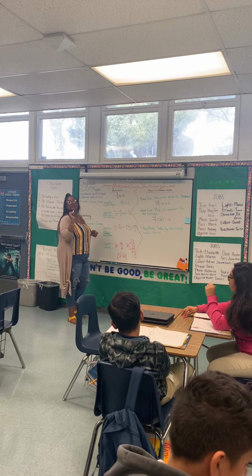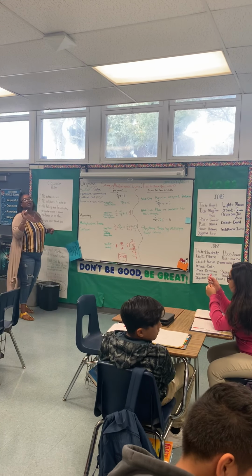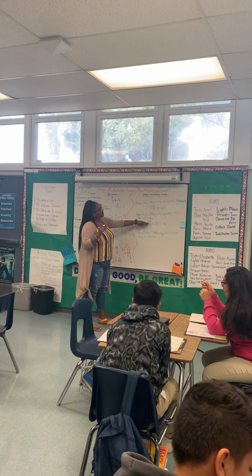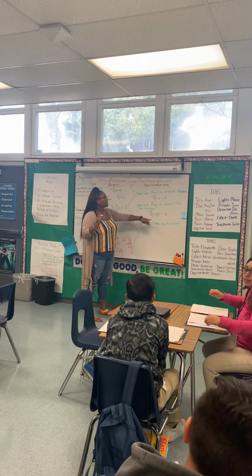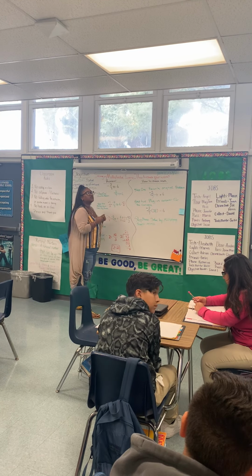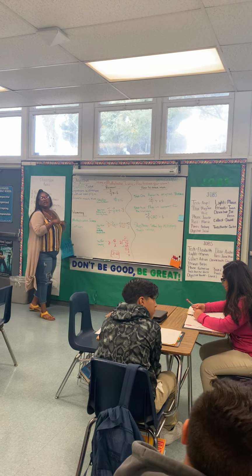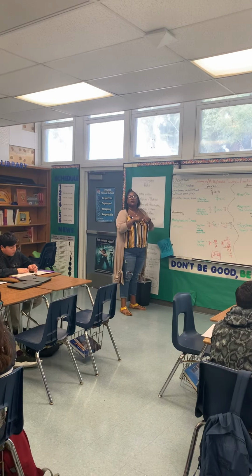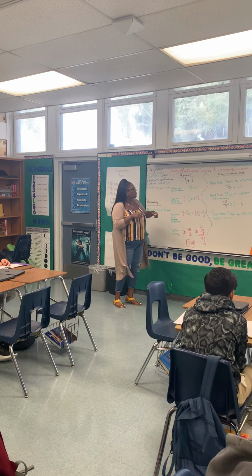I'm looking for new hands. So Jose, if we're multiplying -2 over 7 times 21, how do we make these both look like fractions? Jose, I need you to look up here, please. So what did we do here?